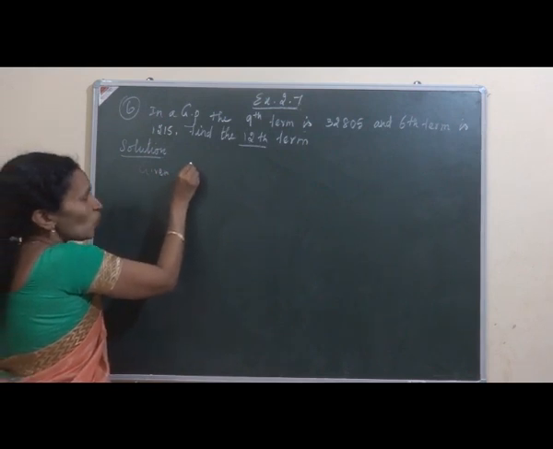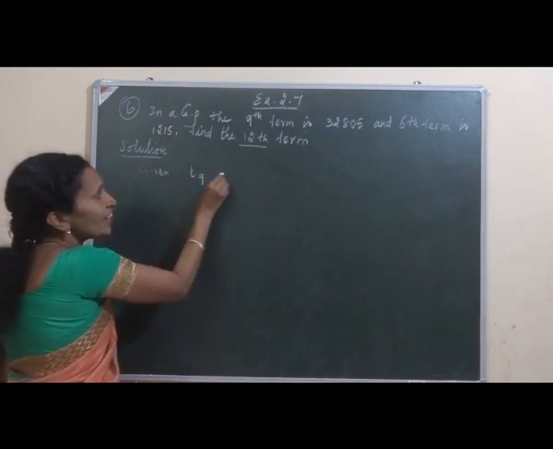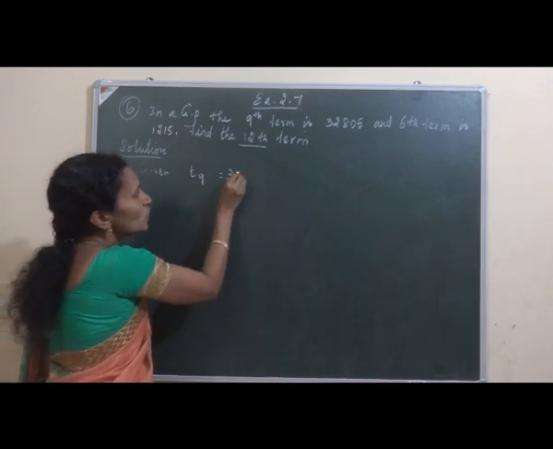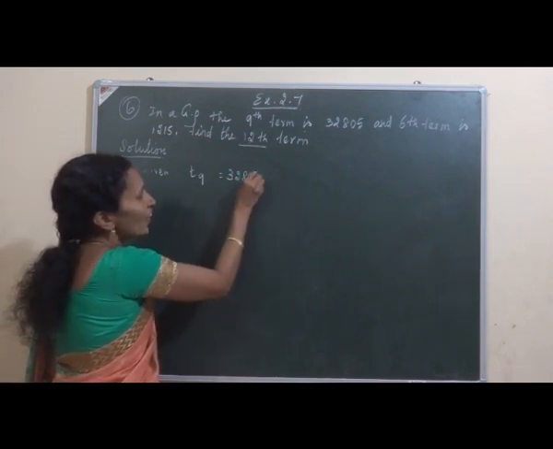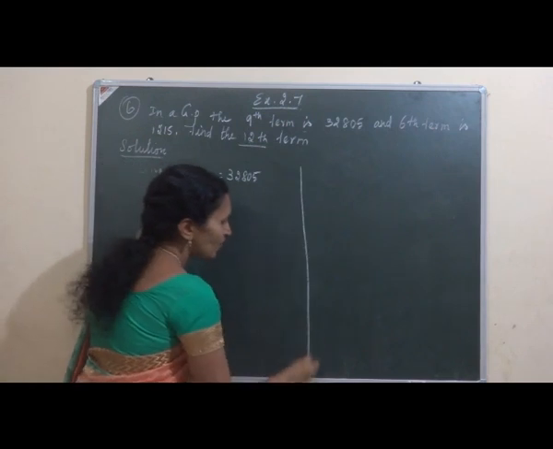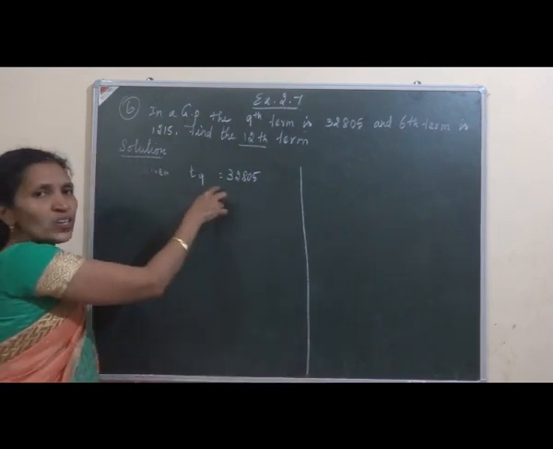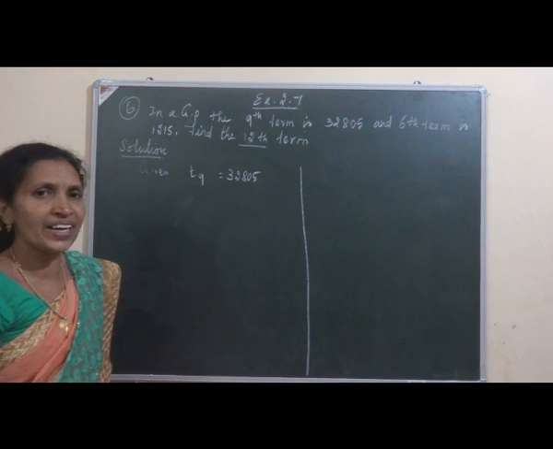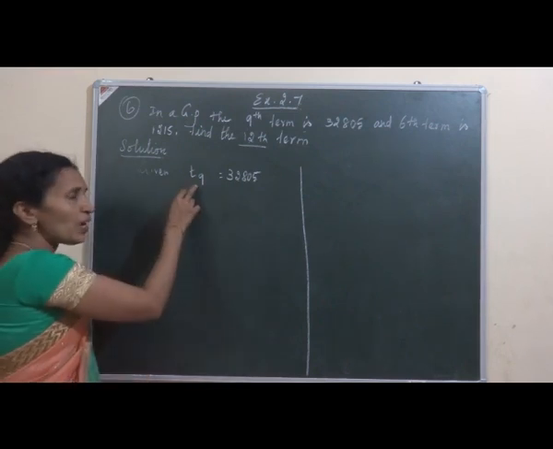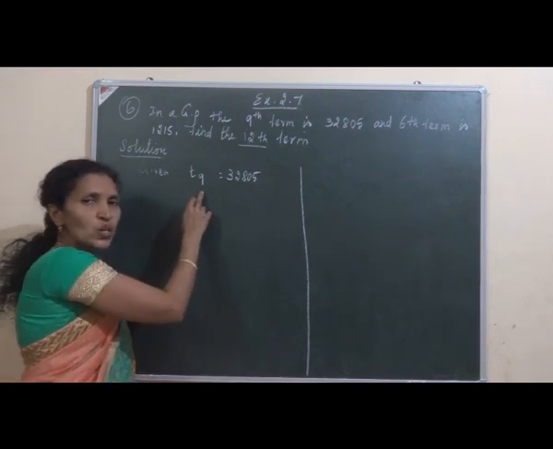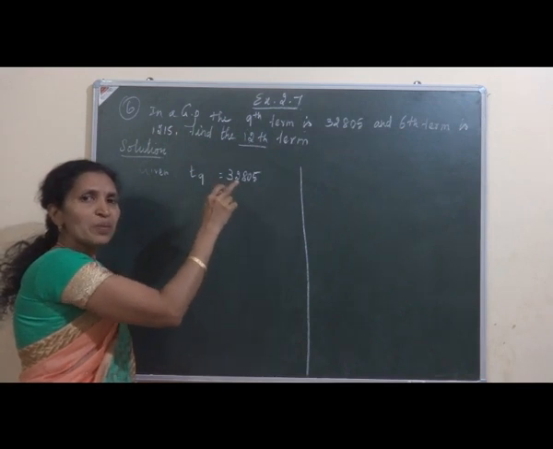Given the 9th term, T9 equals 32,805. What's the formula for Tn? Tn equals a into r power n minus 1.